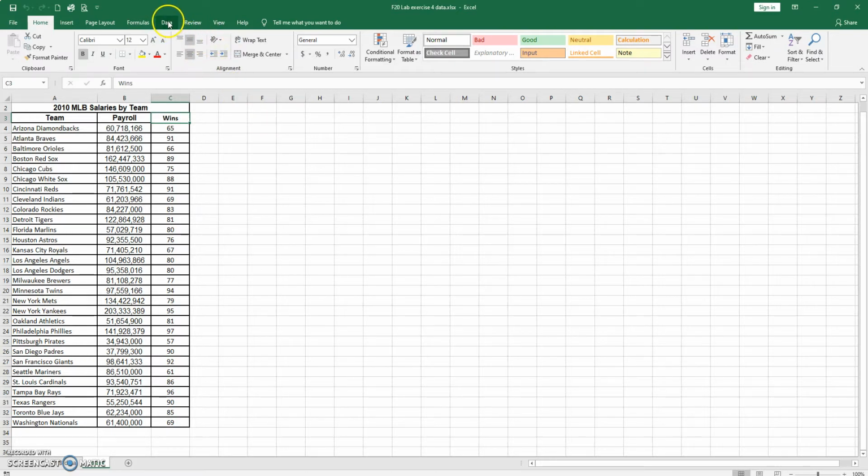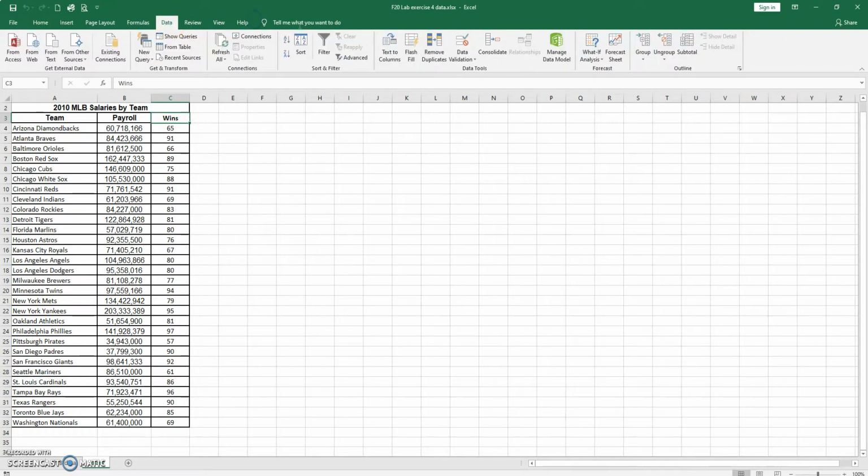First thing you need to do is go to the data, and you should have this Data Analysis add-in, which I don't have, which is good, a good reminder of how to do this.